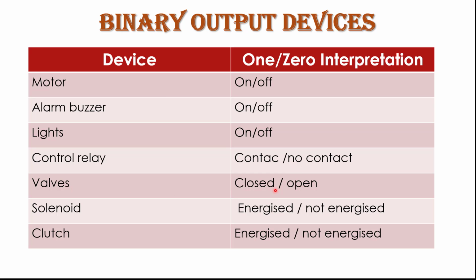Valve: 1 means the valve is closed, 0 means the valve is open. Solenoid: 1 means the solenoid is energized, 0 means not energized. Clutch: 1 means energized and 0 means not energized. So these are the 1 and 0 interpretations.